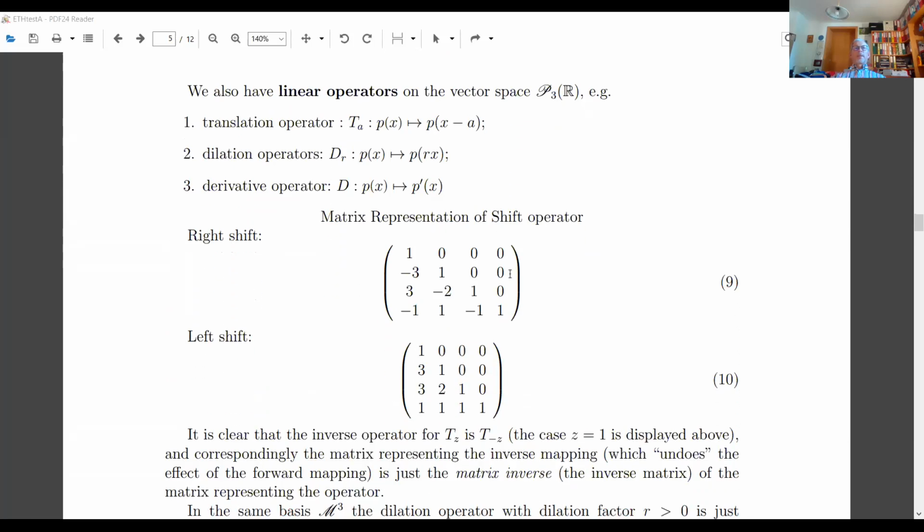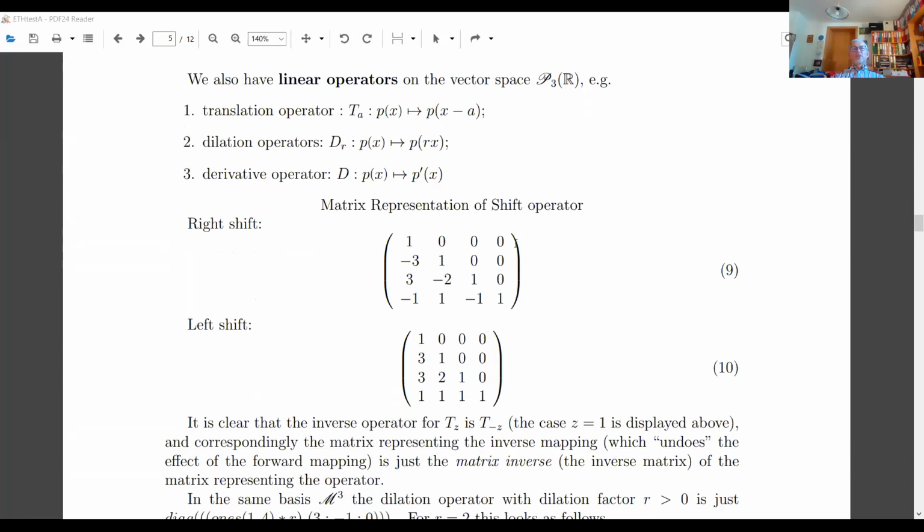Now, I'm not sure if I've mentioned this already, but maybe it's a good repetition. If we look at linear operations, it could be a shift operator, a rescaling operator, a derivative. Then you get the matrix representation, a 4x4 matrix, because the basis has 4 elements, by looking at what happens under the operator by doing a shift.